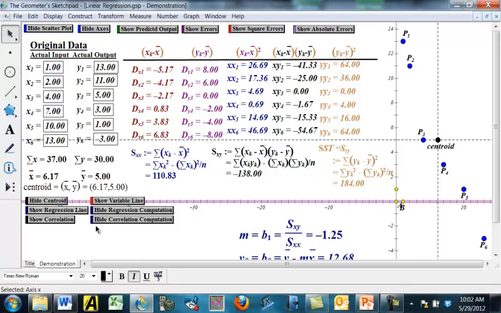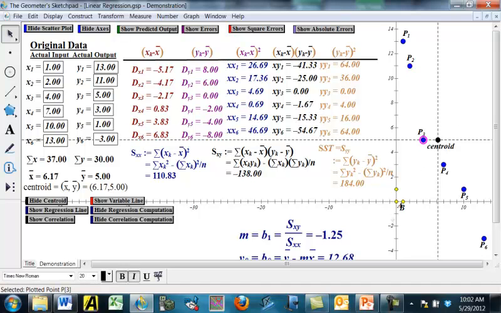So in other words, we know x bar is 6.17, so we take 1 minus 6.17, that's negative 5.17. And then we do 2 minus 6.17, that's negative 4.17. So this point 1 is 5.17 units to the left of this vertical line at x equals x bar. This one, point 2, is 4.17 units to the left.